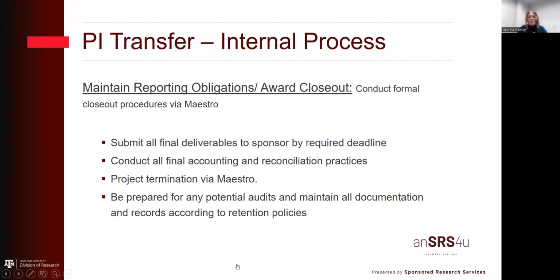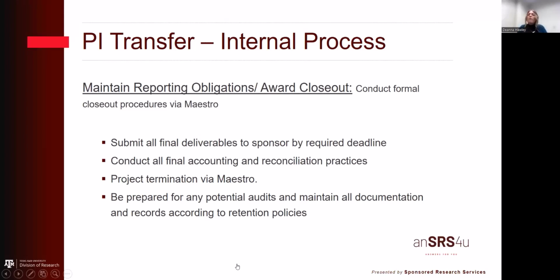One of those steps might involve making sure we have met all of our technical and financial obligations to submit all deliverables to the sponsor. Right here, when we submit deliverables regarding a PI transfer request, they might truncate our due dates.